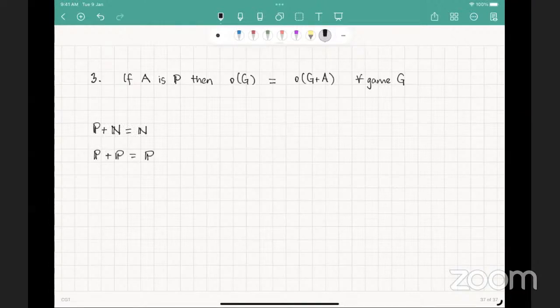So in particular, let's say that G is a P-type of game, which means we want to show that P plus P is P, right?